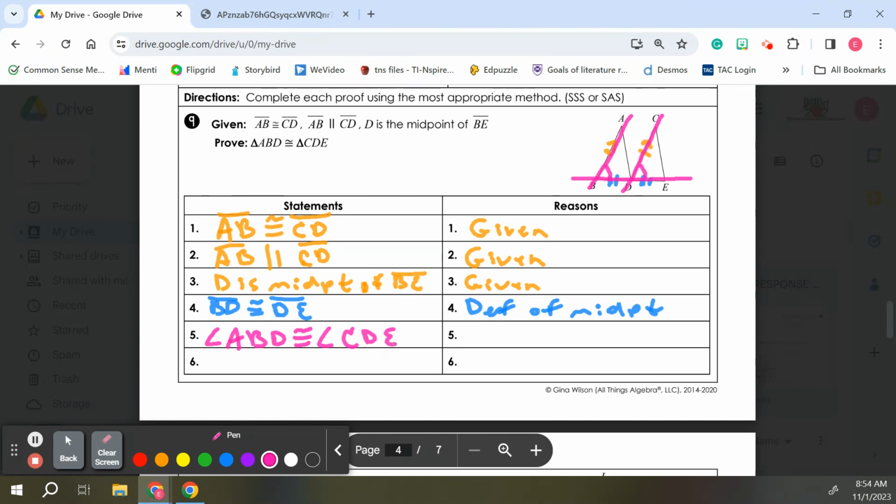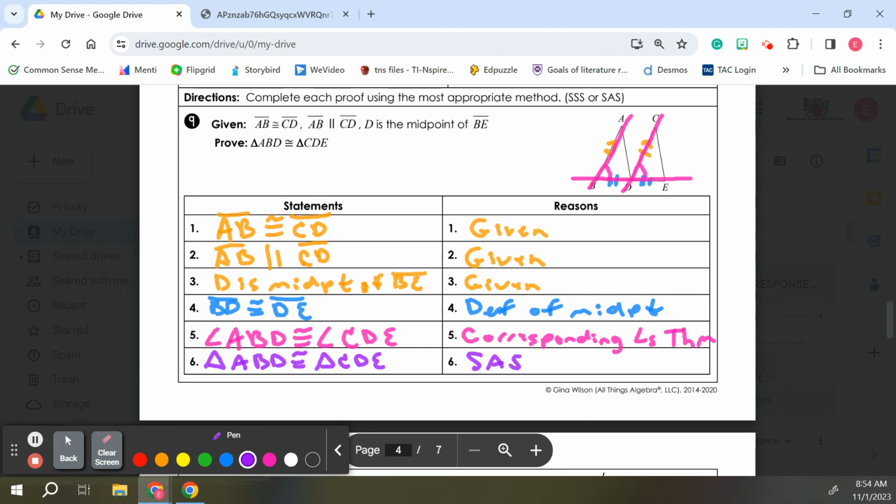The answer is corresponding angles theorem. Very good. And now we know that both triangles ABD are congruent to triangle CDE by, what is it? Side angle side. Don't do it, Izzy.